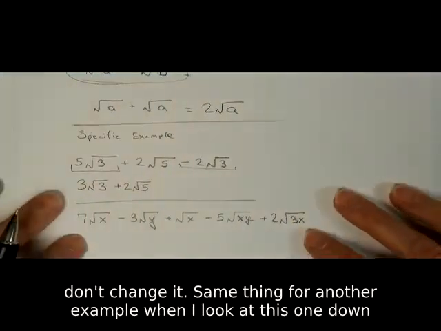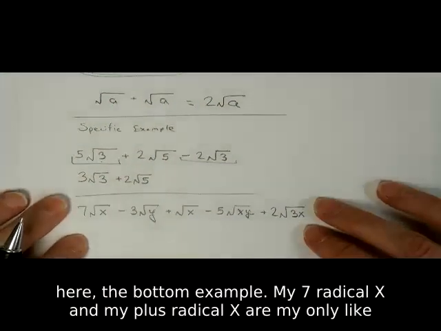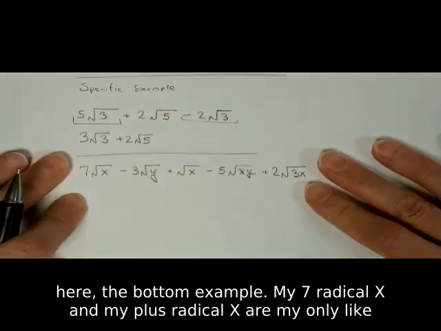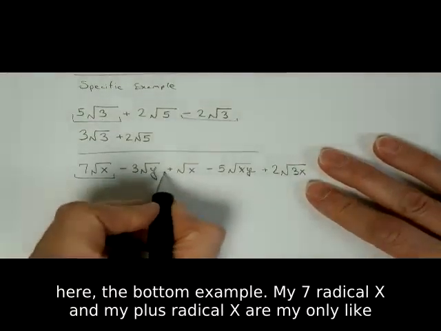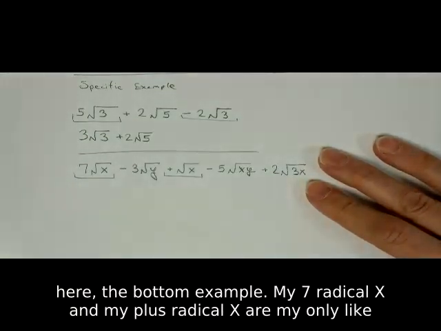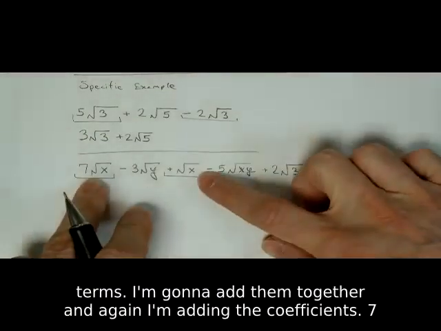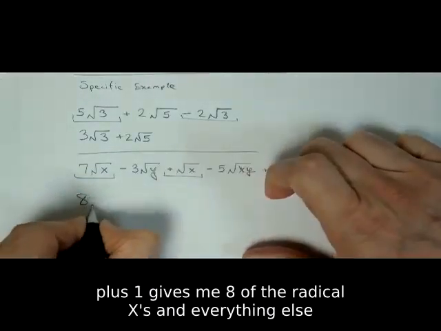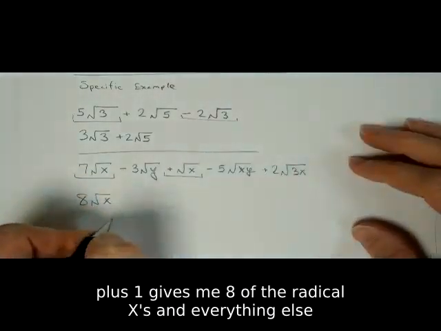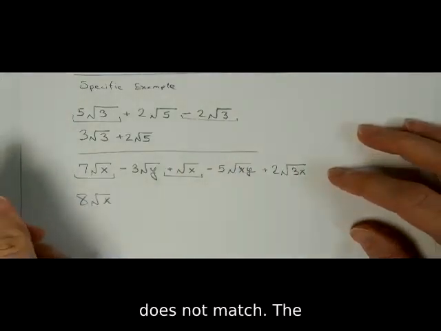Same thing for another example. When I look at the bottom example, my 7 radical x and my plus radical x are my only like terms. I'm going to add them together, and again I'm adding the coefficients. 7 plus 1 gives me 8 of the radical x's. Everything else does not match.